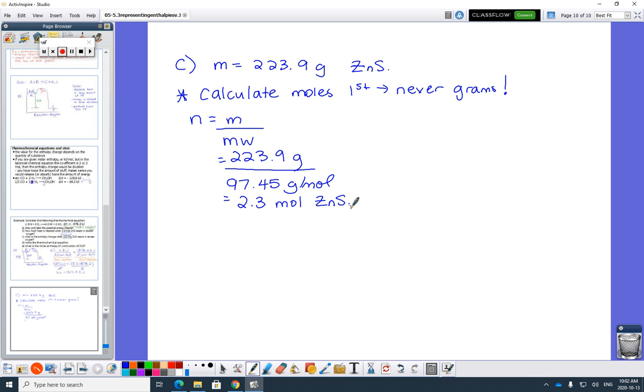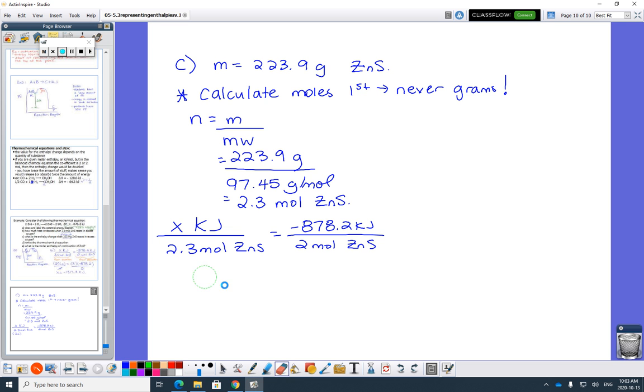Negative 878.2 for 2 moles. Again, 2.3 is bigger than 2. Not a lot bigger, but still bigger.